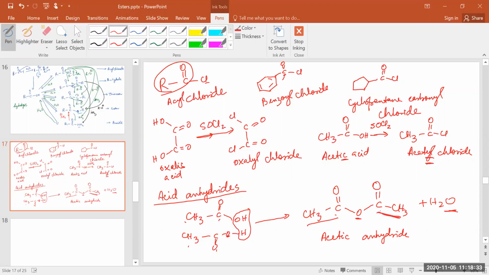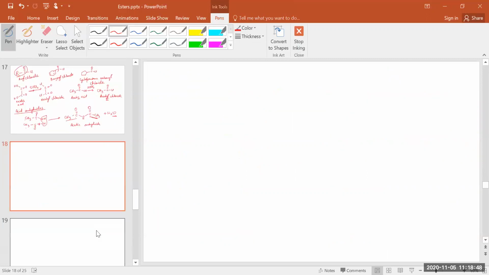This type of reaction generally happens when heated under anhydrous conditions at very high temperature. Now there are different ways of making this one.